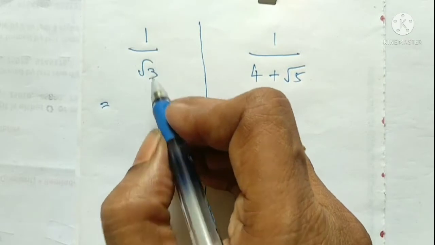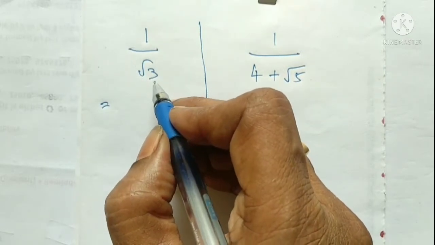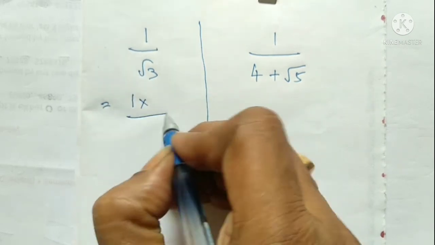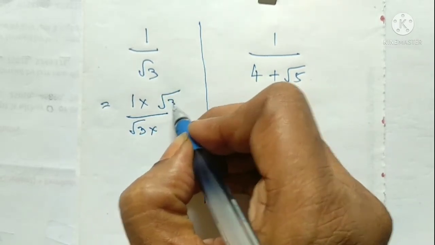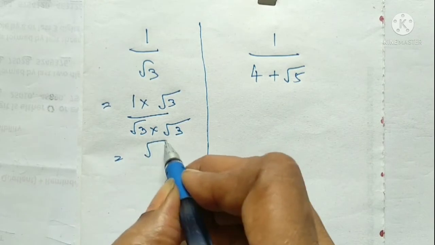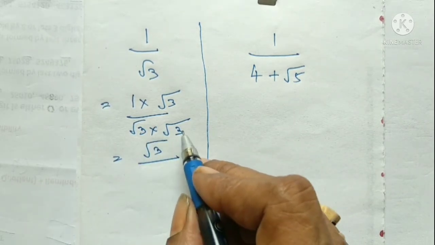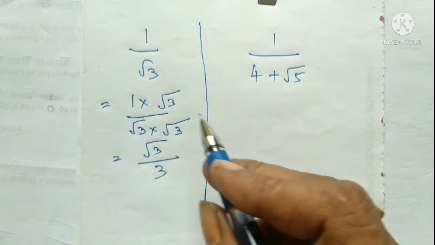If you want to rationalize the denominator in the first case, because root 3 is the denominator, simply multiply both numerator and denominator by root 3. Then the numerator will be root 3 and the denominator is root 3 into root 3, that is 3. So this is the value of 1 by root 3.